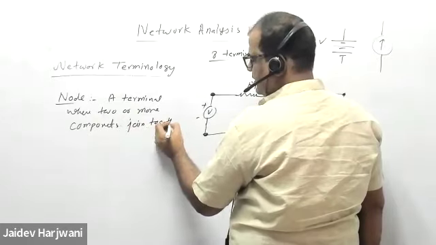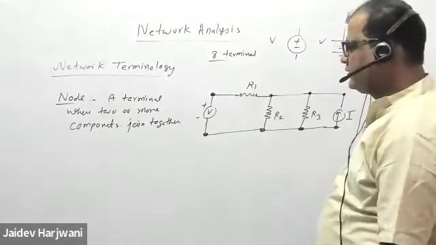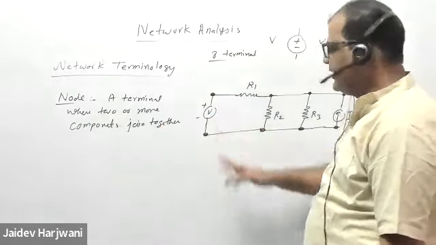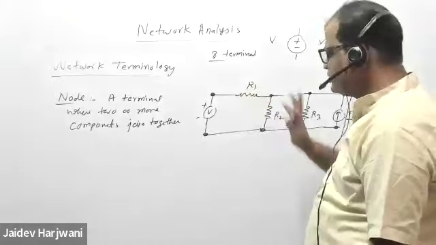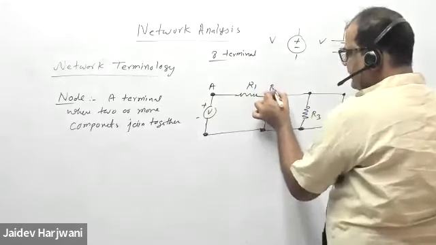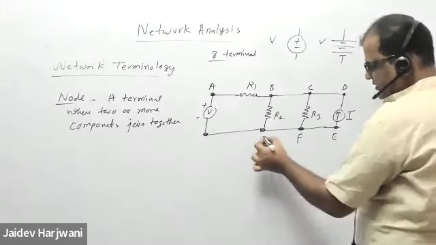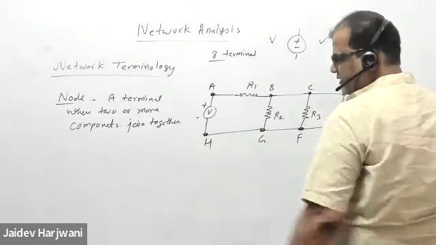So a node is a terminal where two or more electrical network elements are joined together. Say this is my A terminal, B terminal, C terminal, D, say this is E, this is F, say this is G, this is H.